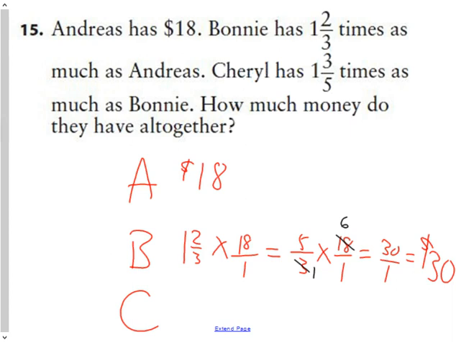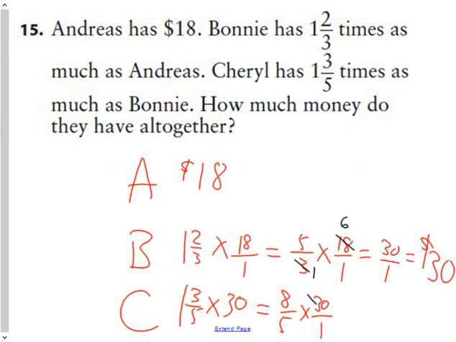But Cheryl has 1 3/5 times as much as Bonnie. And since Bonnie has $30, that would be 30. 1 3/5 in improper fractions is 8/5, multiplied by 30 over 1, because we're going to make that whole number a fraction.